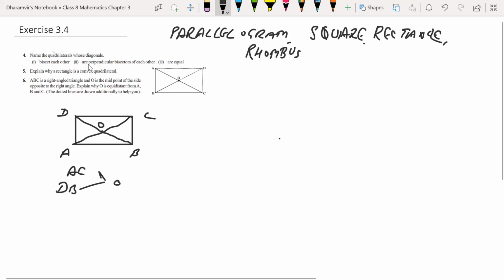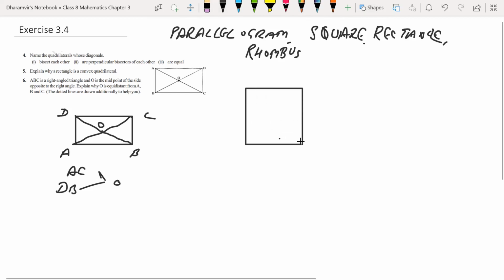Next question, second part of question 4. Name the quadrilaterals whose diagonals are perpendicular bisectors of each other. The diagonals are perpendicular bisectors when all sides of a quadrilateral are equal.